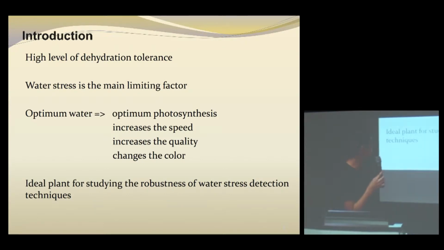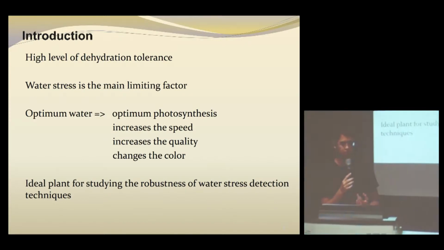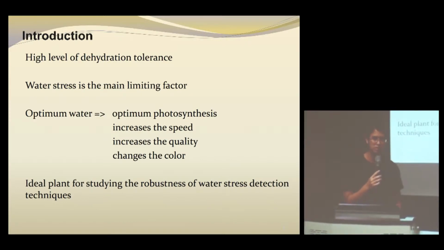So why did they decide to take the Sunagoke moss? It's because the moss has a high level of dehydration tolerance, and water stress is the main limiting factor, because water stress decides the speed, the quality, and the color of the moss.